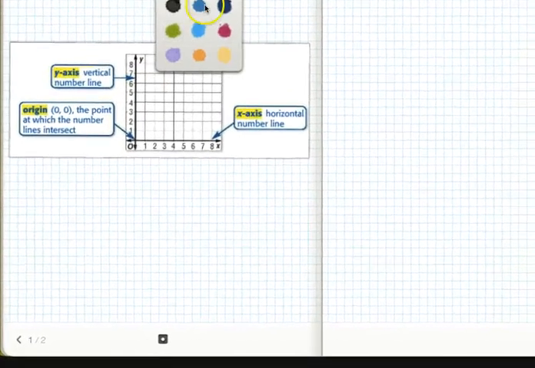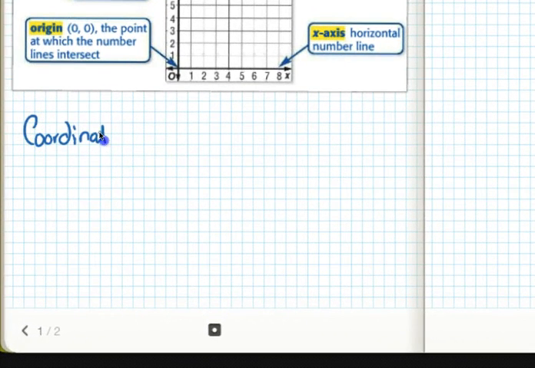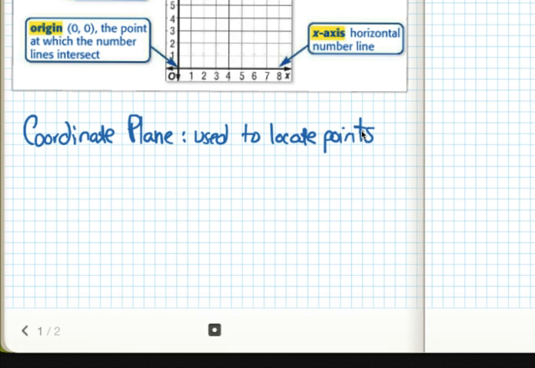Just in general, let's get the definition of the coordinate plane. The coordinate plane could also be called the coordinate system, and it's basically used to locate points. A point is called an ordered pair.